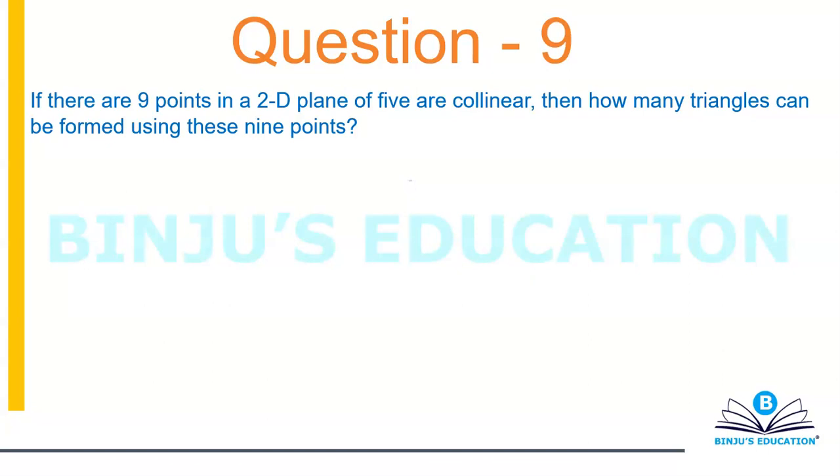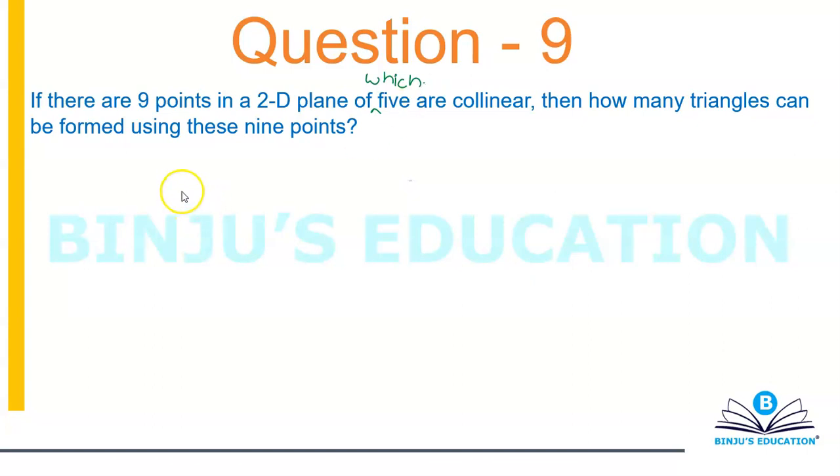Alright, let's see what we can do with this one. If there are 9 points in a 2D plane of which 5 are collinear, then how many triangles can be formed using these 9 points?